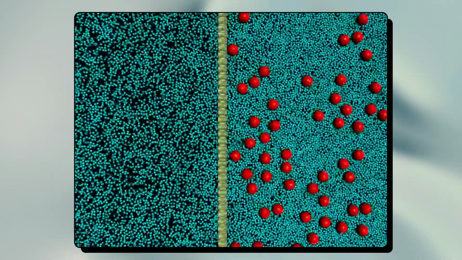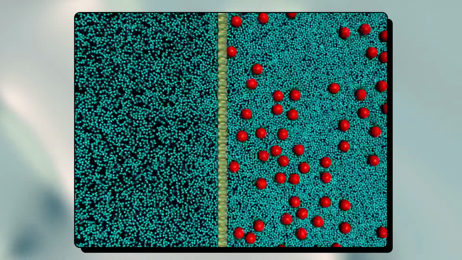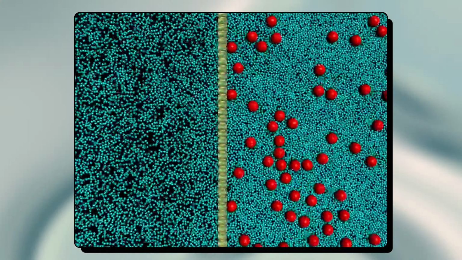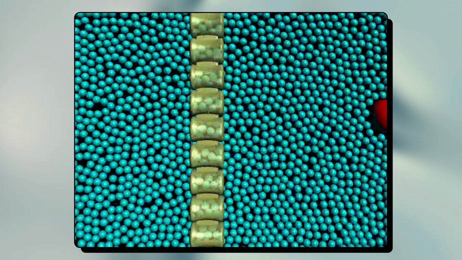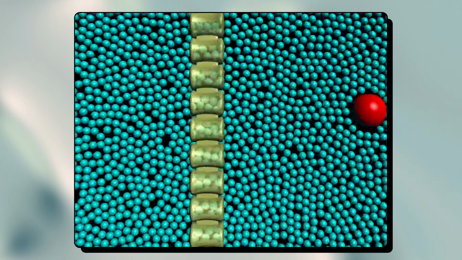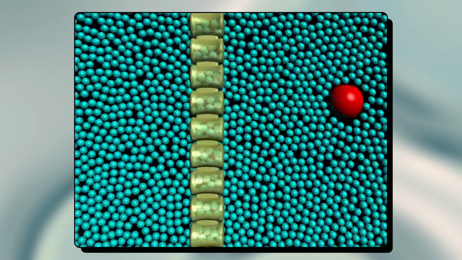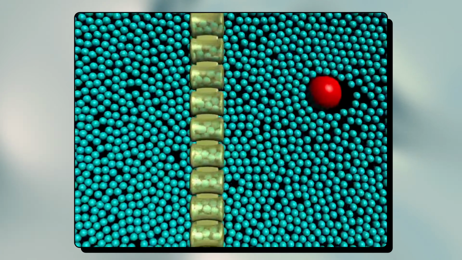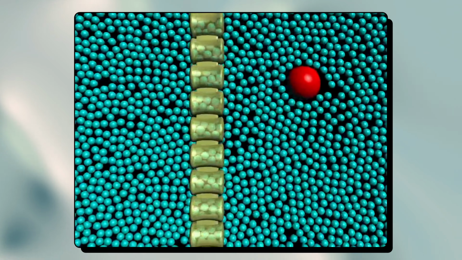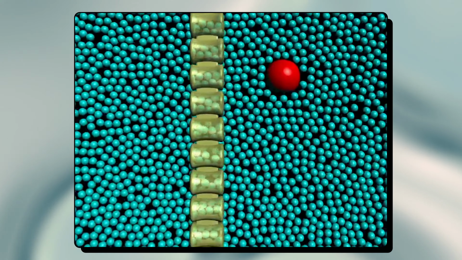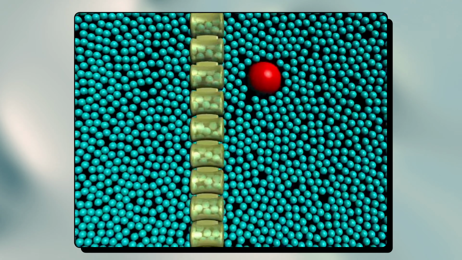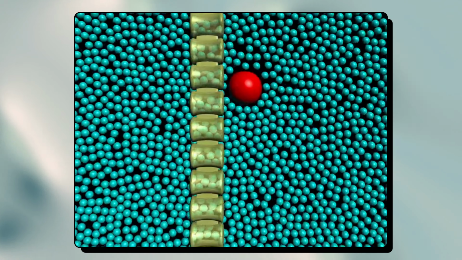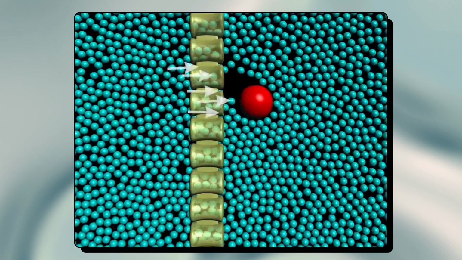The movement of water to a region of higher solute concentration describes what happens, but why does it happen? On a molecular level, the solute has a special influence on the water very close to the barrier. Water molecules and solute exist in a world of constant molecular collisions. At the barrier, water can pass through in both directions, but the solute molecules collide with the barrier and bounce off.